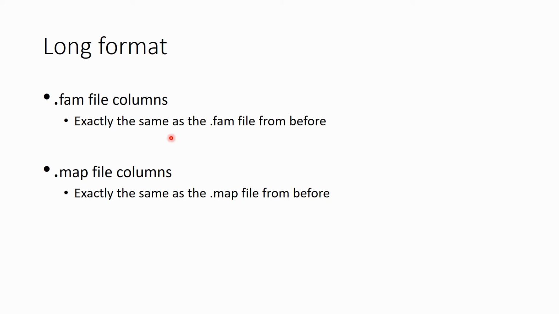I mentioned that also in the long file format, the .fam and .map files are required, but these in fact are exactly the same as shown before. So the FAM file with the individuals and the .map file with the SNP coordinates is exactly the same as it was shown in the previous slides.